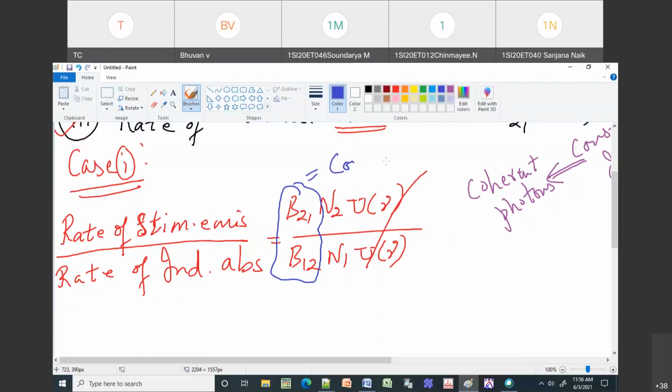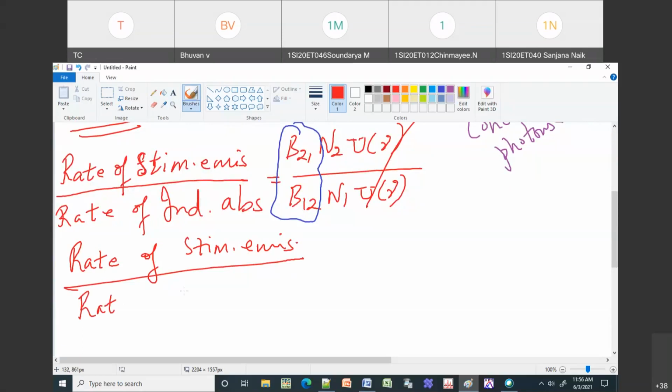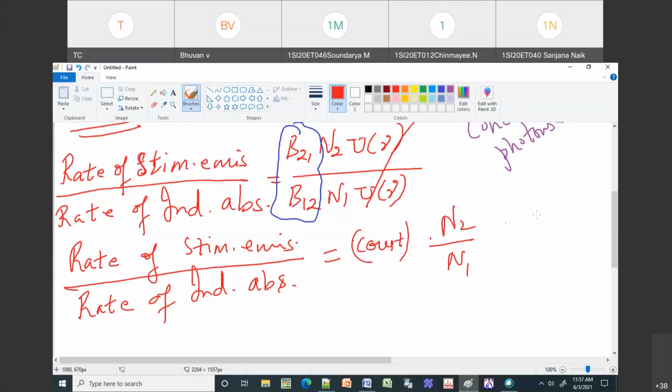So in that case what I can write is, the rate of stimulated emission divided by rate of induced absorption equals some constant into N2 by N1. Okay, or this is directly proportional to N2 by N1.